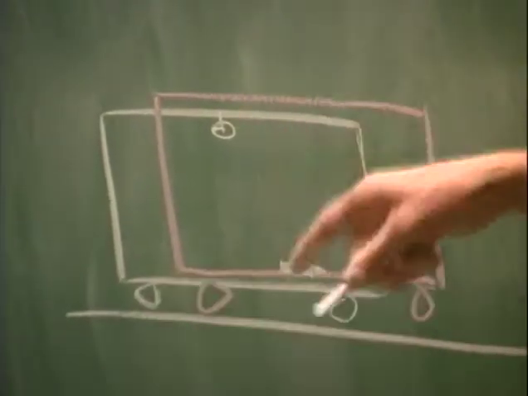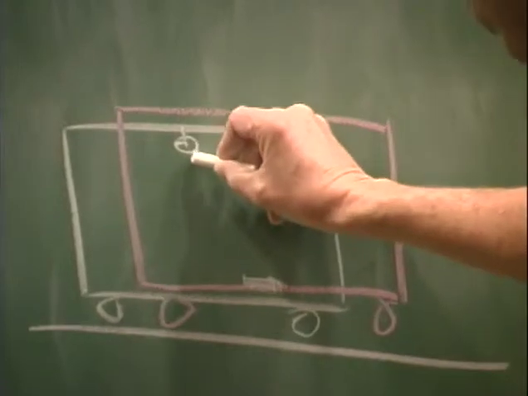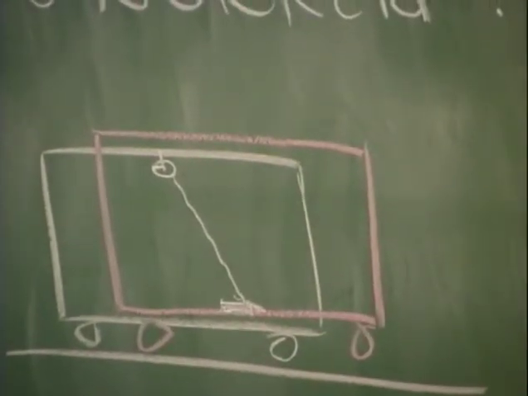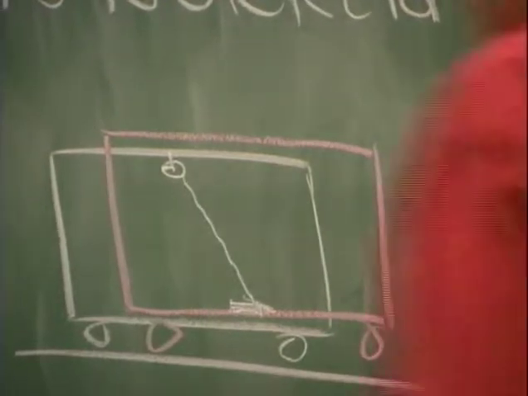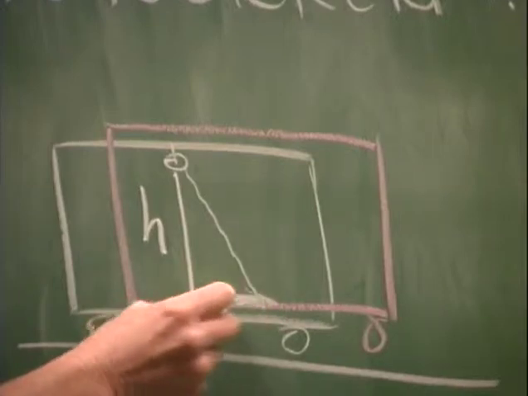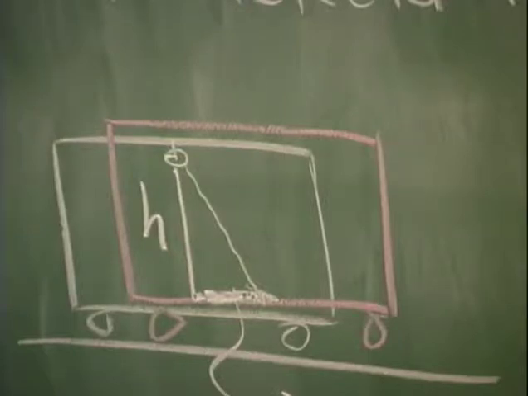So that light signal, same light signal, by the way, from the perspective of somebody on the ground, went that diagonal route. Had to go somewhat further. In fact, how much further? Well, the height here was h. How far did the train move? Well, let's say delta t, with no prime on it, is the time it took for this process in the reference frame of the ground observer.